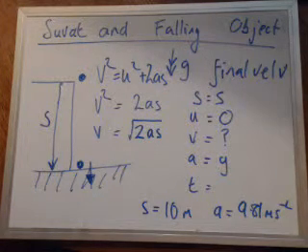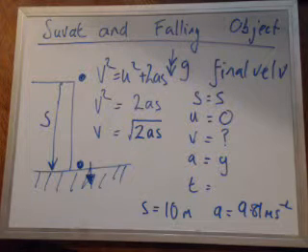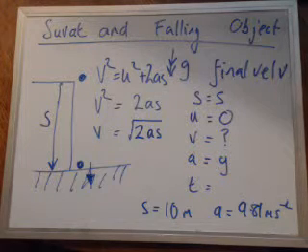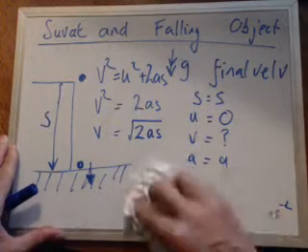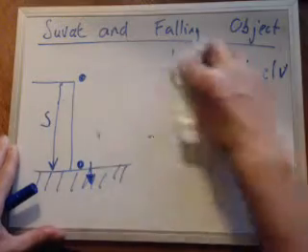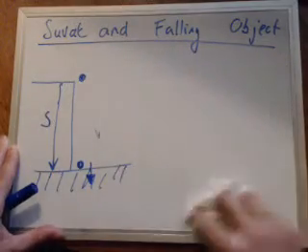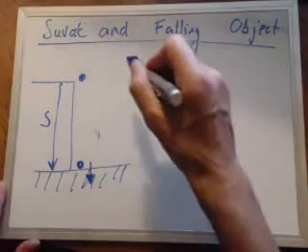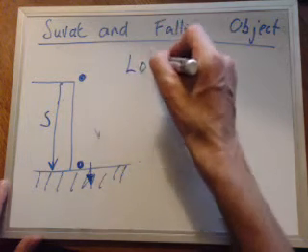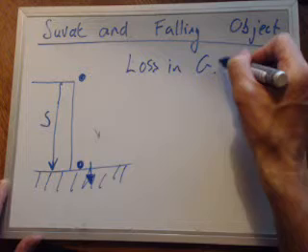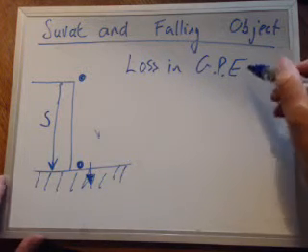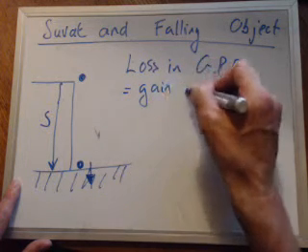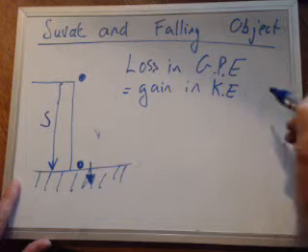We'll now look at the same question involving the conservation of energy and see what we get there. Exactly the same problem, but this time we think about it using conservation of energy. Energy is conserved, so we're going to use that the loss in gravitational potential energy is equal to the gain in kinetic energy.